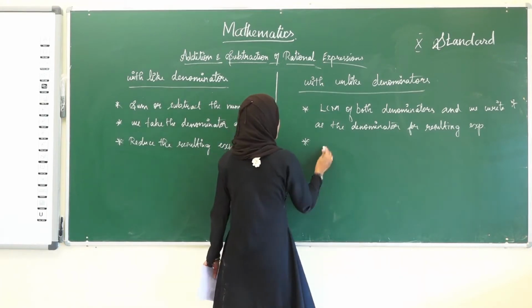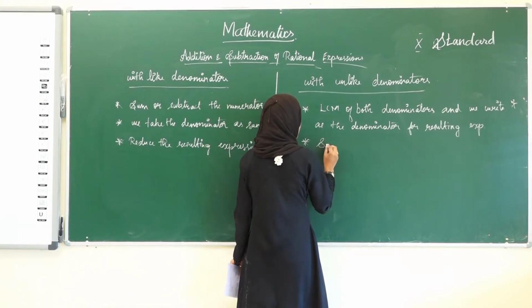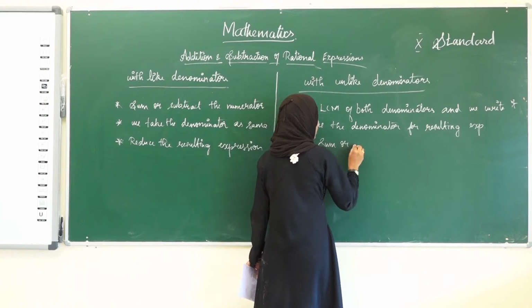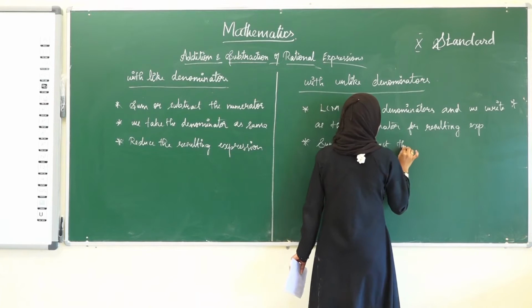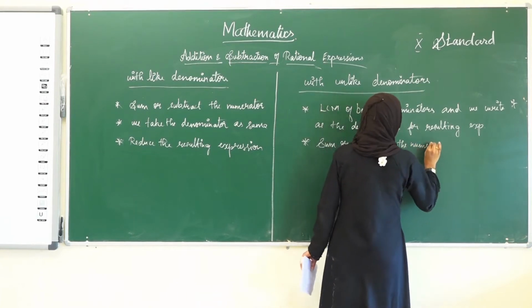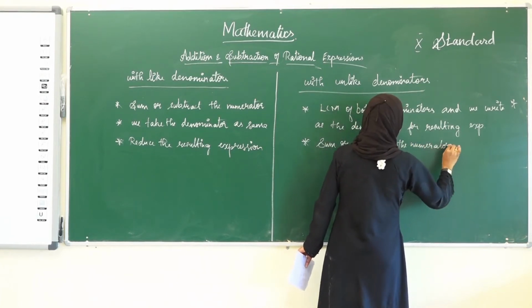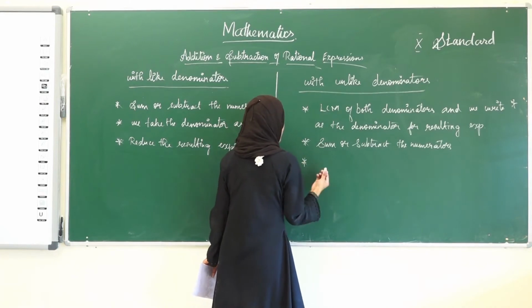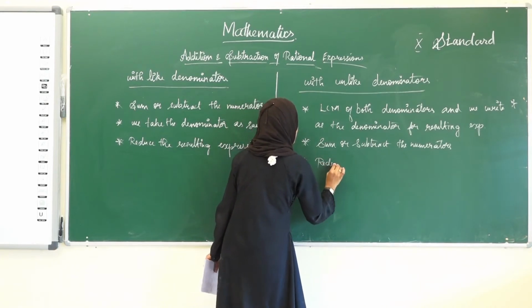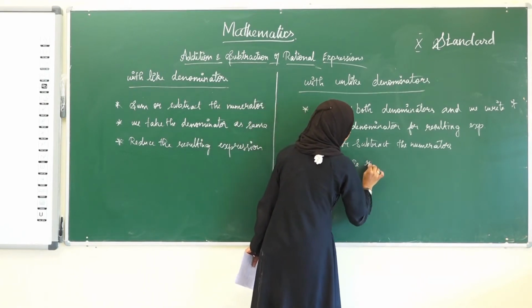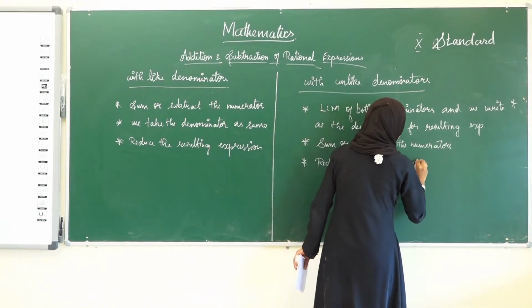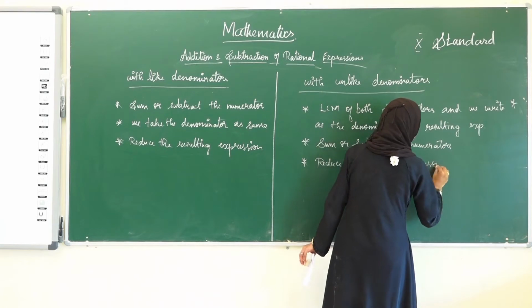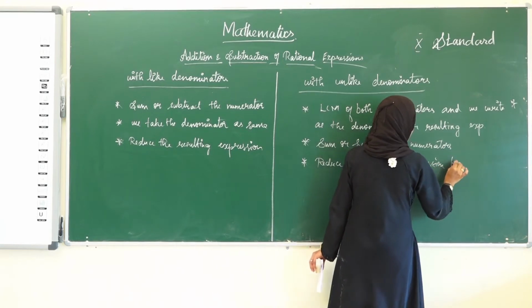Then we add or subtract the numerators. Then we reduce the resulting expression to its lowest form.